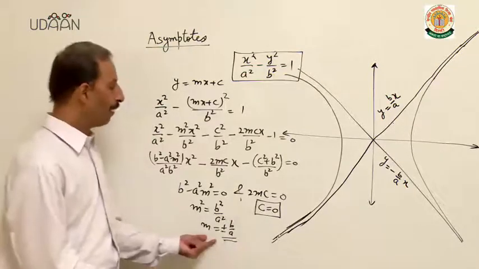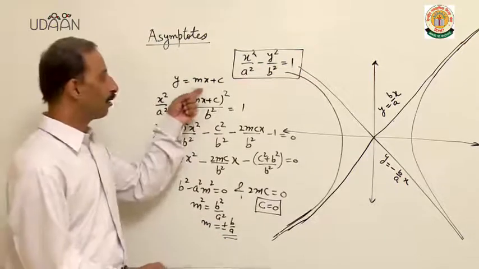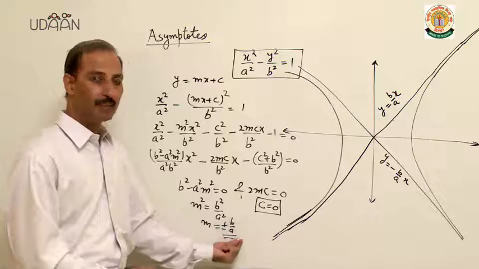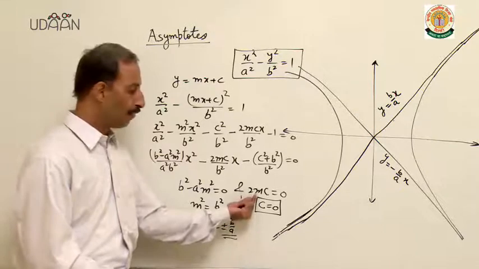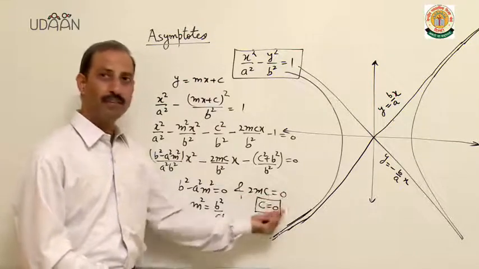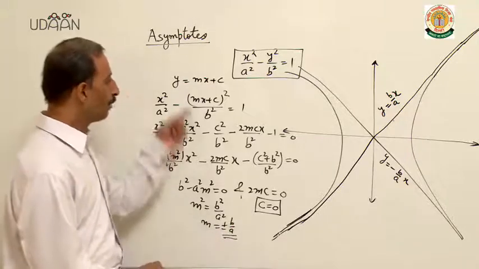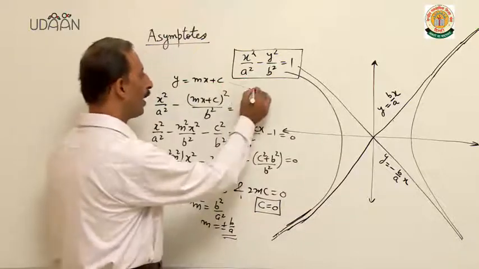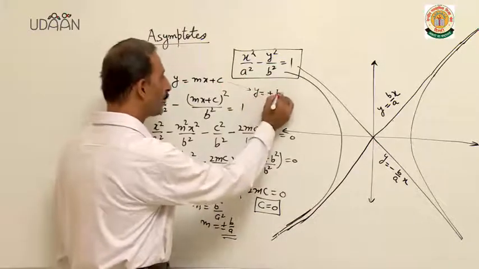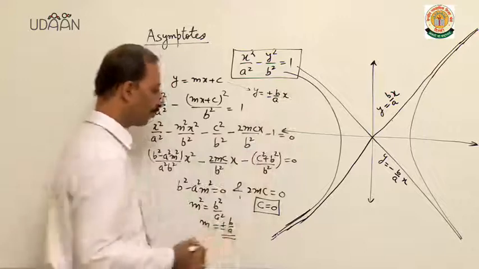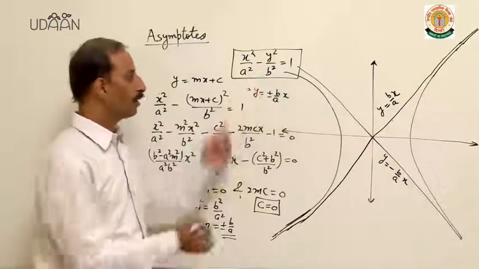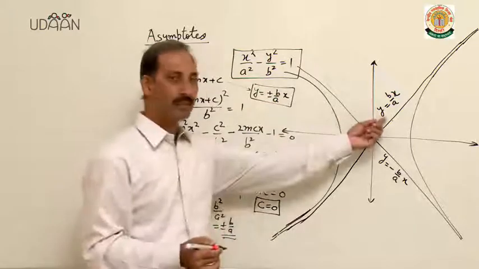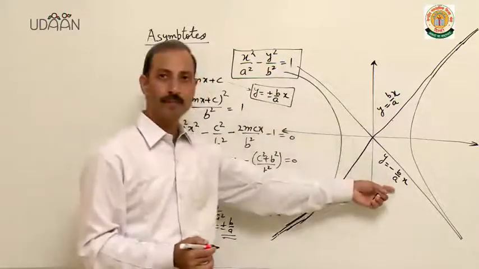Substitute these in y is equal to mx plus c. m will not be 0, only c will be 0. So you will get the equation of asymptotes: y is equal to plus minus b upon a x. The value of c is 0. I have written the plus sign and the minus sign separately.